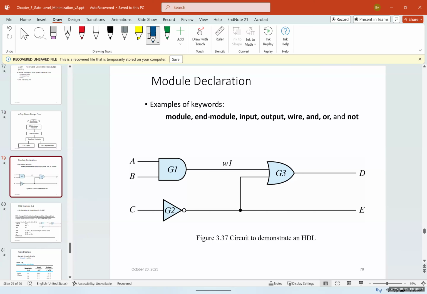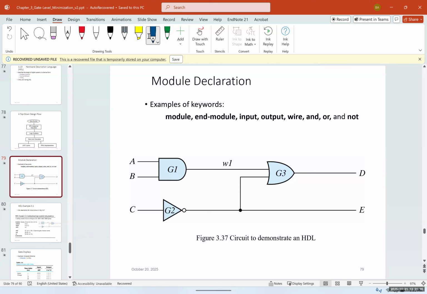Now, for the module declaration, we have an example. In this system, we have some example keywords such as module, endmodule, input, output, wire, and, or, and not. This is a simple example.